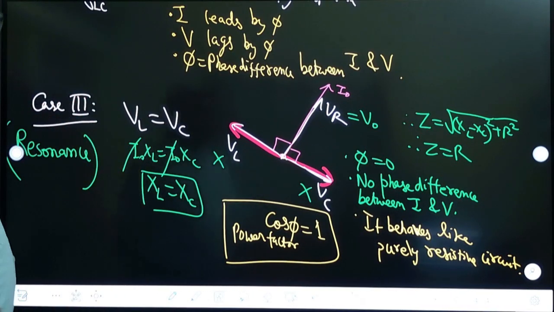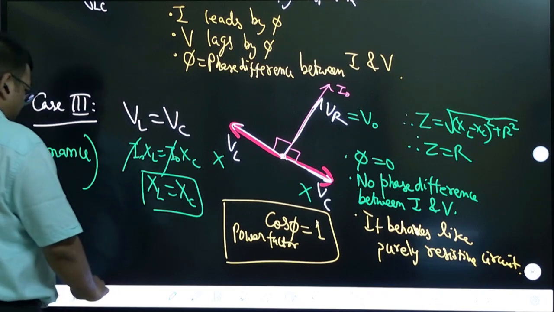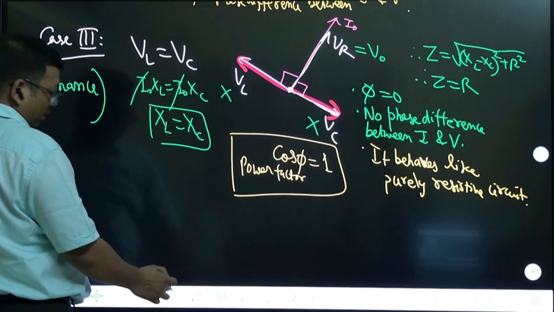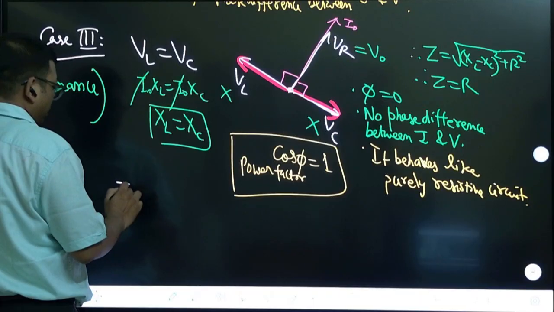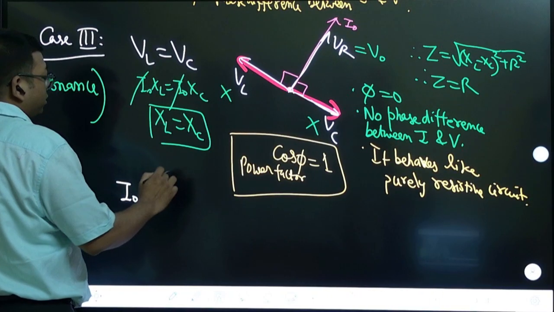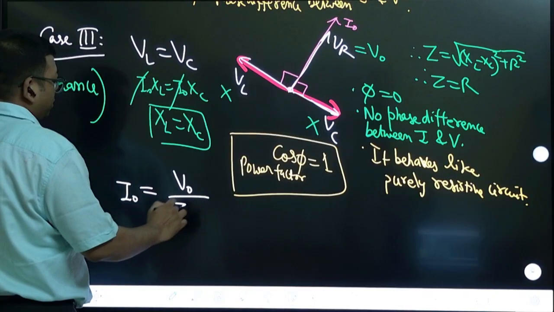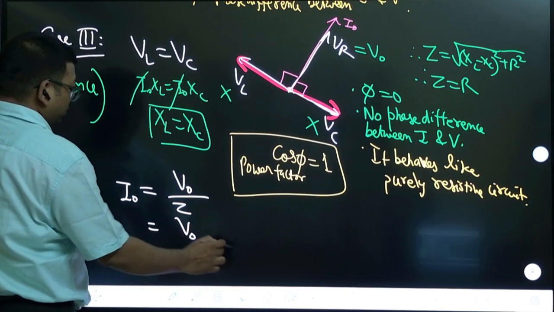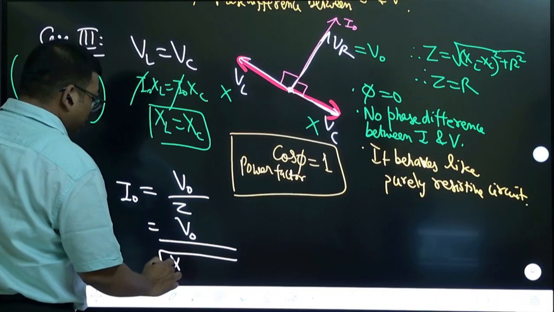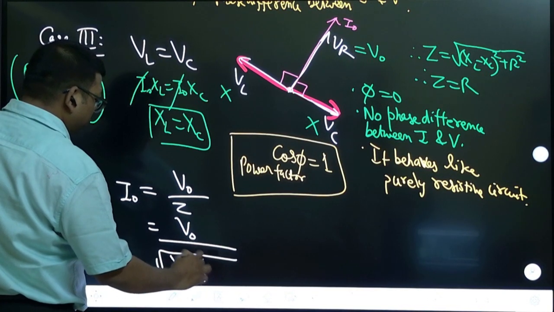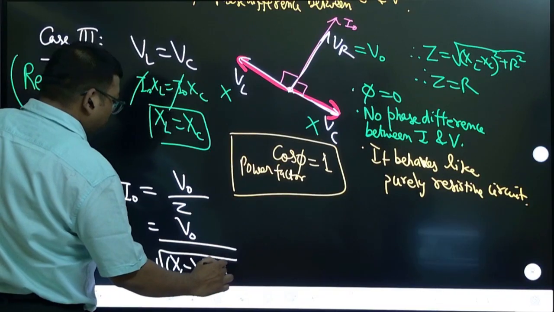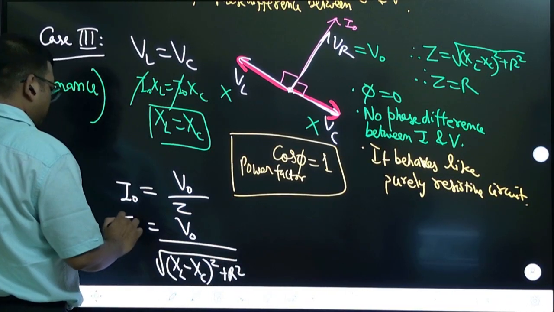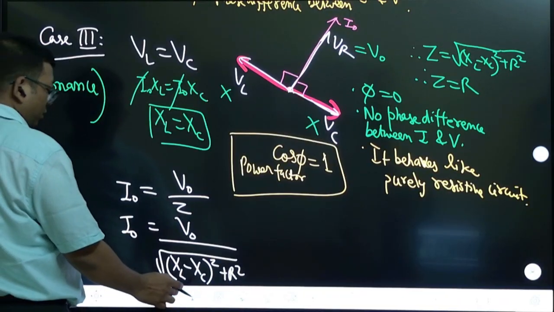If I want to calculate current, a very interesting thing to note: when we write the formula for current, the peak value is V naught by Z, and in general the Z formula is root under (XL minus XC) whole square plus R square. This is the I naught formula, correct?